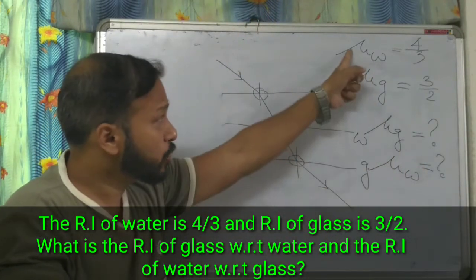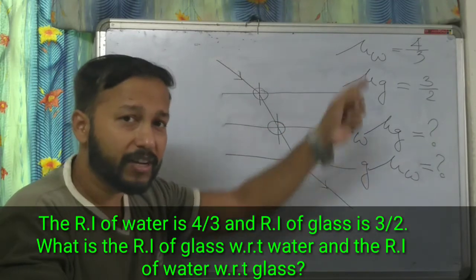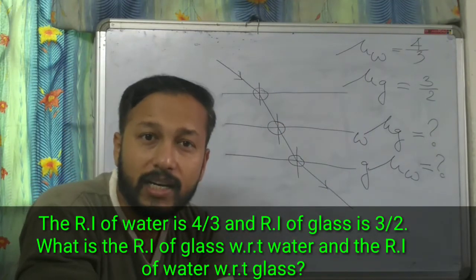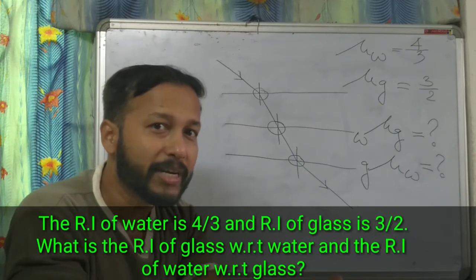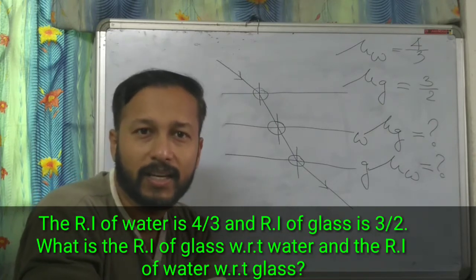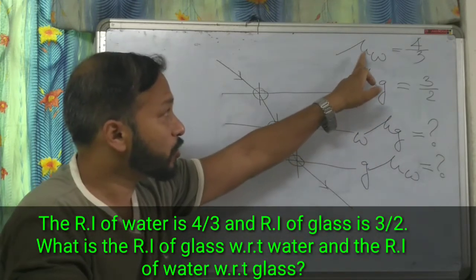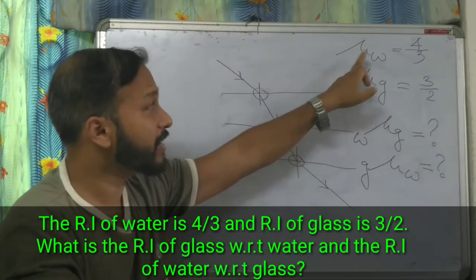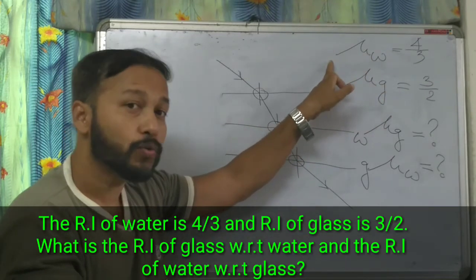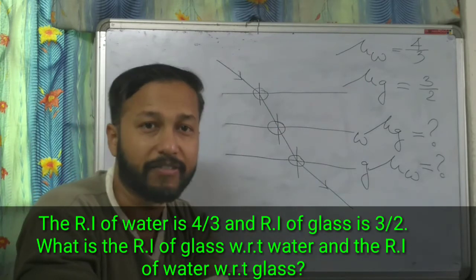But see these two lines. In the first line, the refractive index of water is given, but with respect to which medium? It's not given.